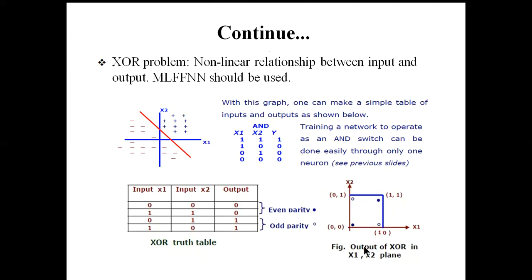If you draw a straight vertical line, there is 0, there is 1, and on the other side there is 1 and 0. So we cannot completely separate 1 and 0 by using a single line or plane. So this type of problem is known as a non-linearly separable problem.